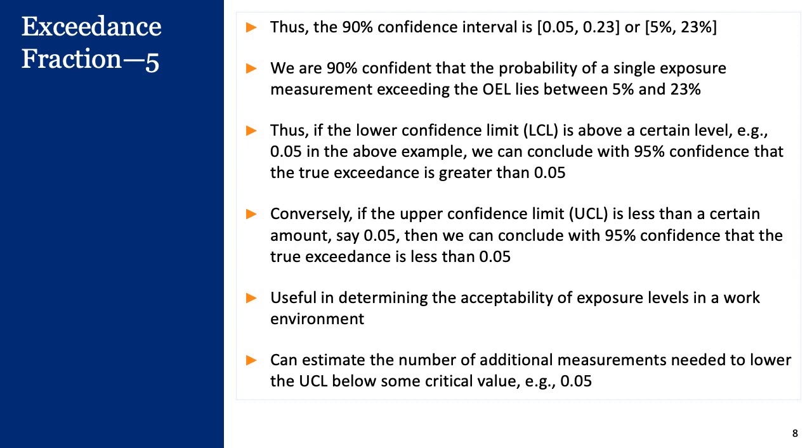And so this is very useful in determining the acceptability of exposure levels in a work environment. And we can estimate the number of additional measurements needed to lower the upper confidence limit below some critical value, for example, 5%. As we saw in this example, estimating this is a cumbersome thing, and requires you to be able to read those curves very accurately.